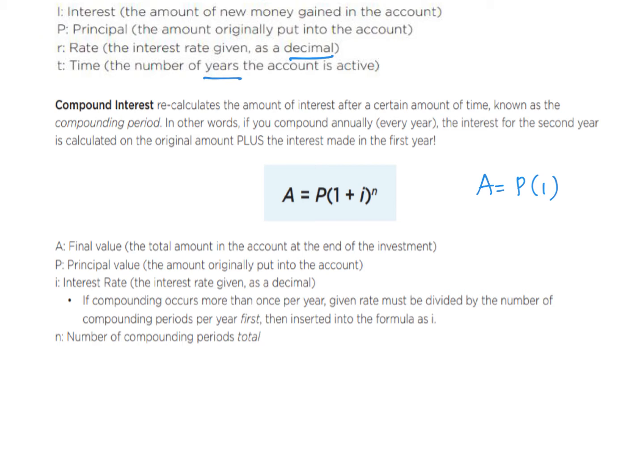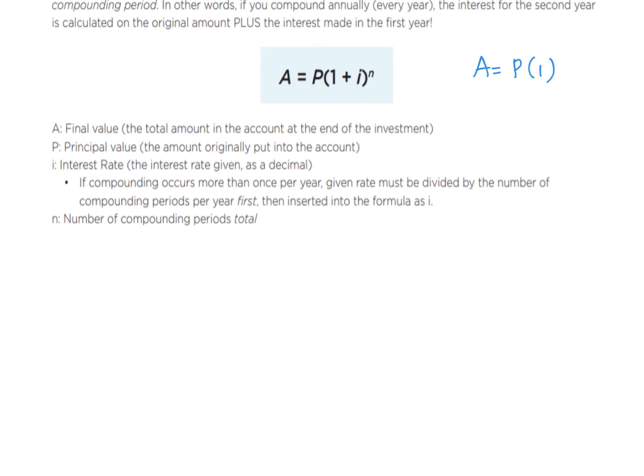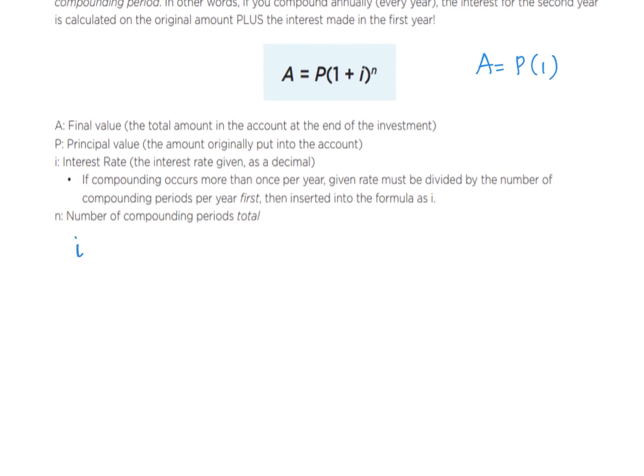So I will always be a decimal, and it will be divided by the number of times you earn interest. I is your interest per compounding period. So let's say your interest rate was, say, 12%.